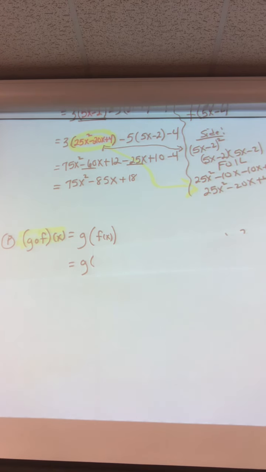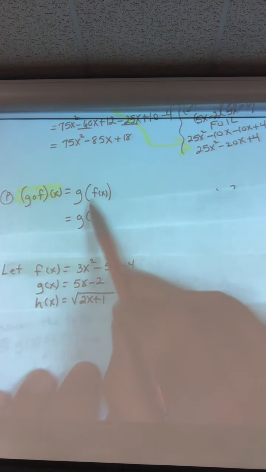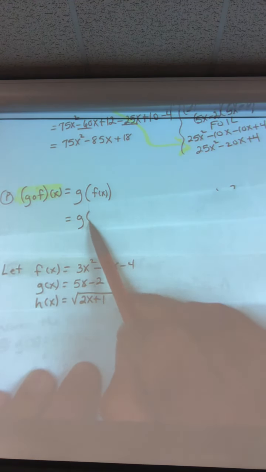Now, he's back up here. In this big parentheses right here, put what f of x is. Well, f of x is all of this stuff. So put all of this right there.